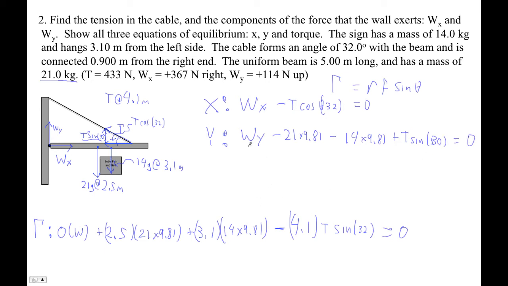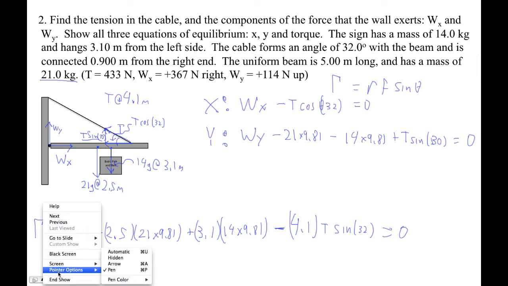So we've got an unknown force up, this is up, this is up, this is up. As soon as we get T from this equation, this will be easily solvable. Okay, so let's solve this. Let's try the red pen.